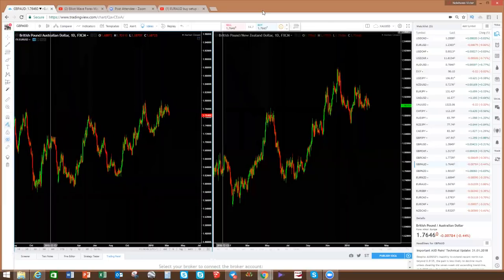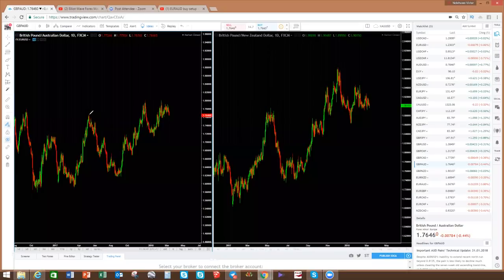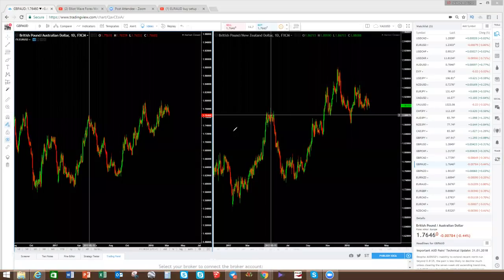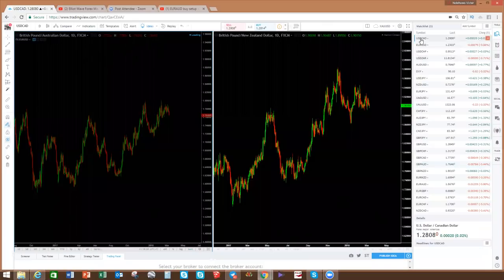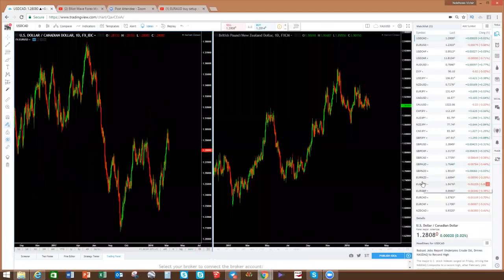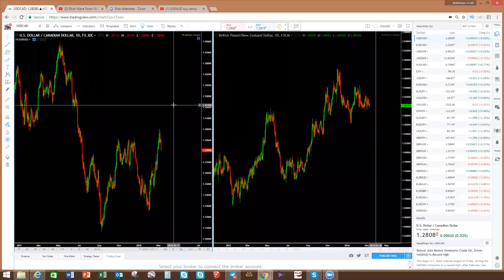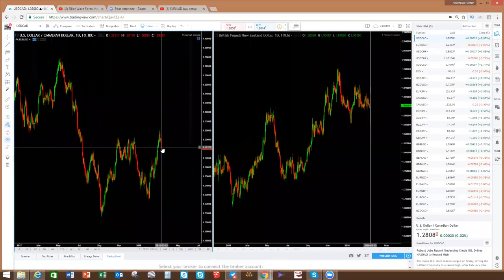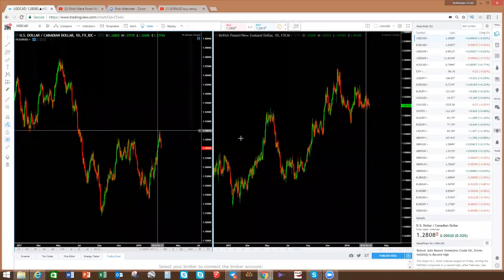So you can see that this one here had broken. This one had broken. Now it's actually on the euro pair. So I'm going to show you this one when you get to the euro pairs. I'm going to show you what happened on the euro pairs. Let's do EURCAD. When you get to the EURCAD, the euro pairs, I'm going to show you the fractals. So do watch until we get to the euro pairs.